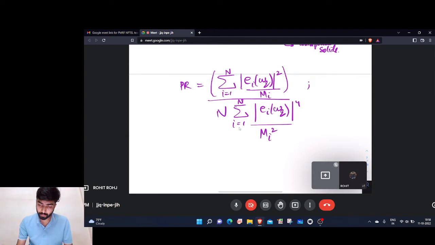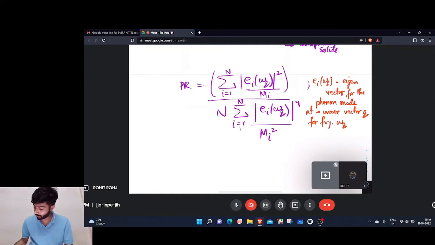So take a different color. E of I omega q is the eigenvector for the phonon mode at a wave vector q for frequency omega q, and m of I is mass of the ith atom in the cell.